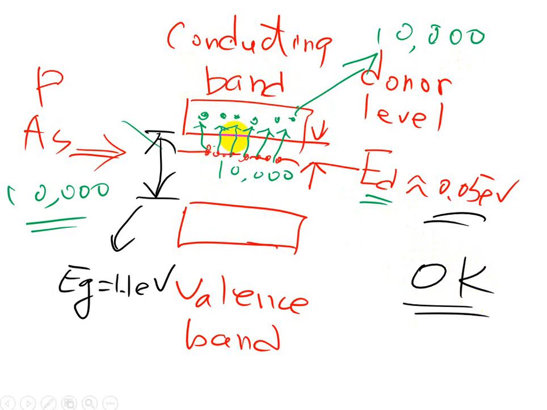electrons always absorb energy. They will try to jump from valence band to conducting band. If this occurred, a hole will be left behind when an electron jumps to the conducting band.